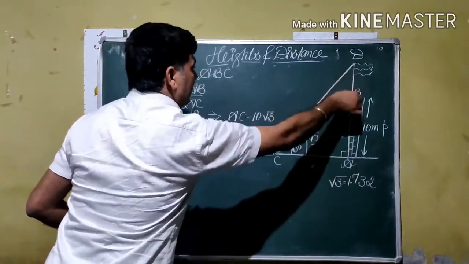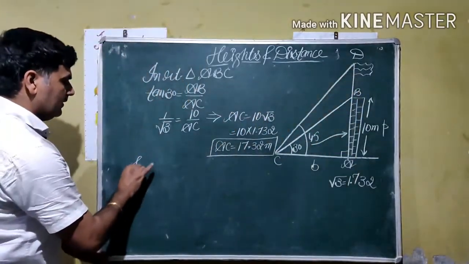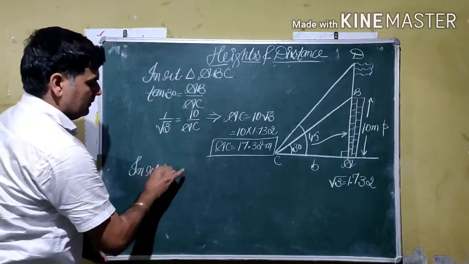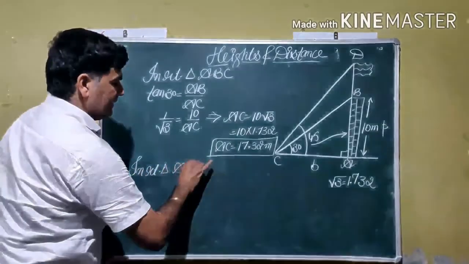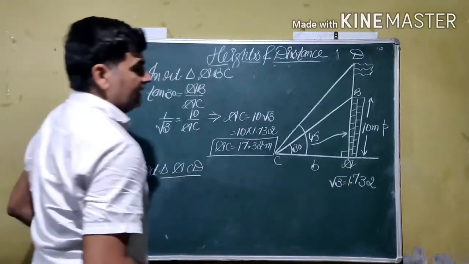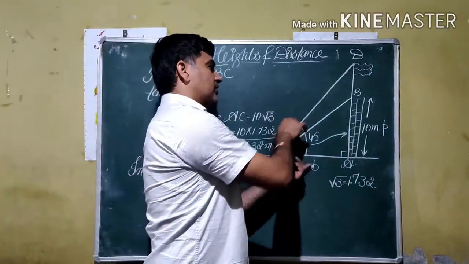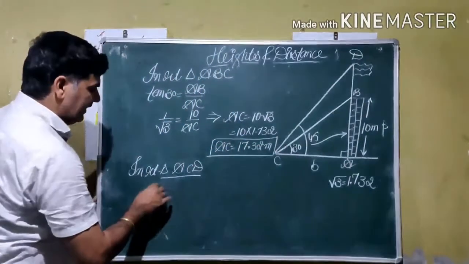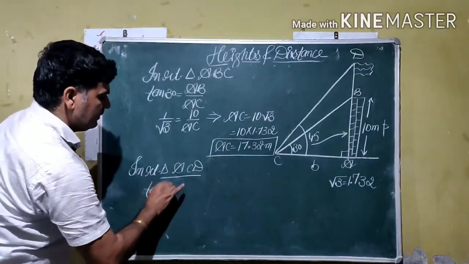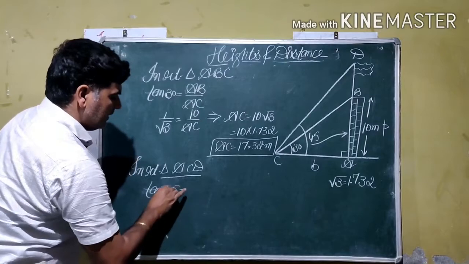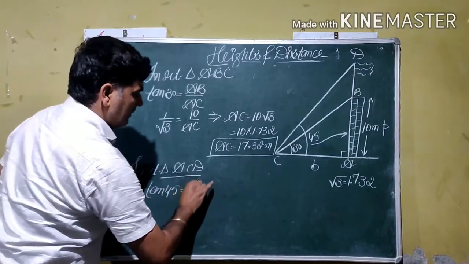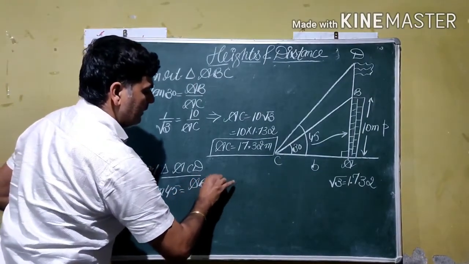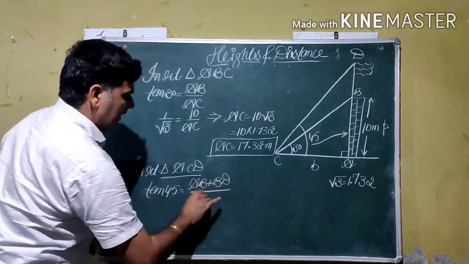Now we have to find the height of the flag. So in another right triangle, we are taking ACD. In triangle ACD, this is the angle of observation, this is the height, and this is the base. So here we take tangent 45, means P by B. Here P is AB plus BD, and B is AC.